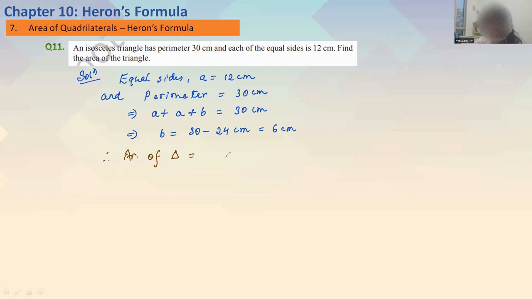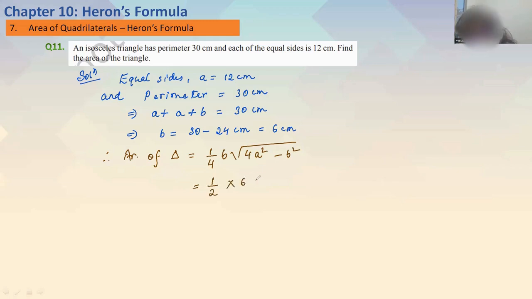You don't recall the formula, so I will help you out. It is 1/4 times the base times the square root of 4 times the equal sides squared minus b squared. So plug things in.